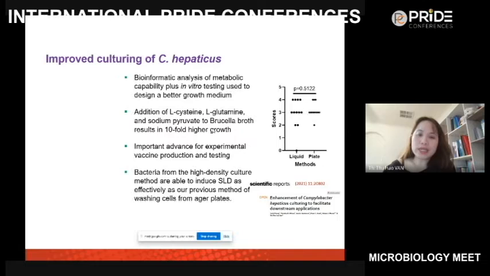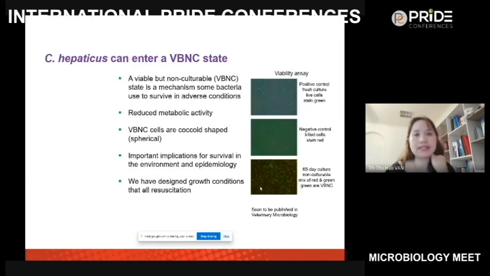And then when we put it in chicken, it also produces disease. We already published the method in Scientific Reports recently, last month. And we use this for our following animal trials, like to study the vaccine for this bacteria.